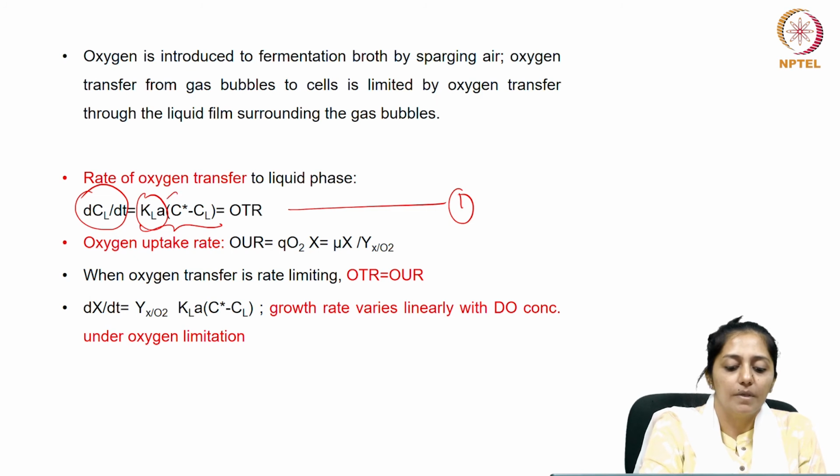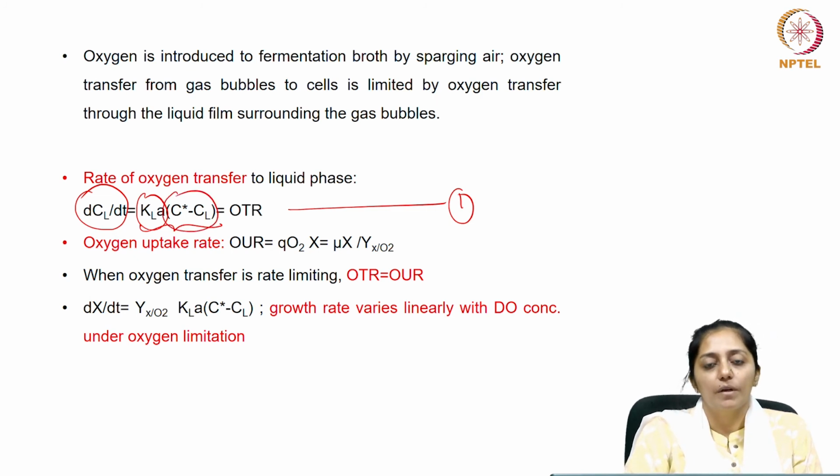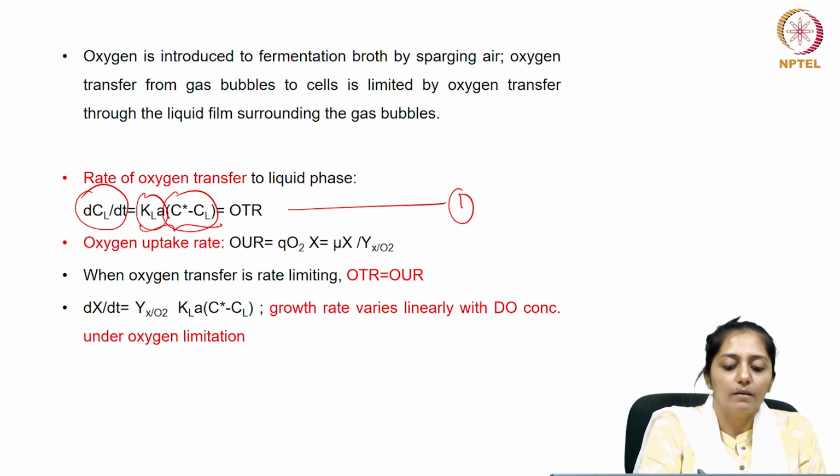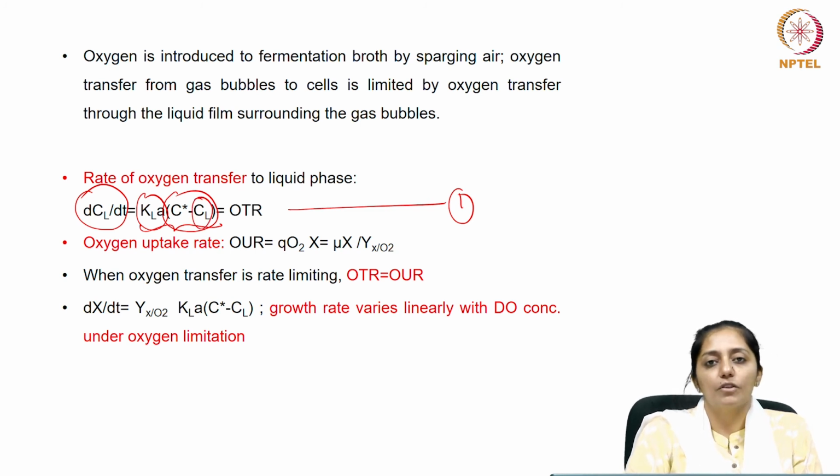And the second term is the driving force, which is the difference between the maximum solubility of oxygen under the given conditions of the fermentation, and CL is the concentration of oxygen in the broth, in the bulk. So this equation is called the OTR, the oxygen transport rate equation.